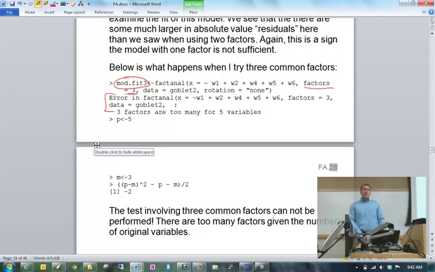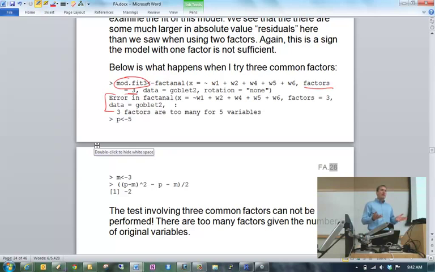This now relates to some of the problems that I was illustrating to you last time with these factor analysis models. Due to the number of parameters that we need to estimate with this kind of model, the more common factors you add, you just might not have enough corresponding correlations, if you remember our discussion from last time, to really be able to do the estimation.